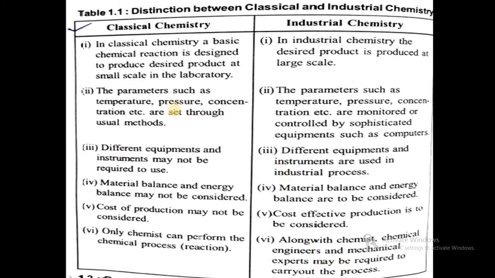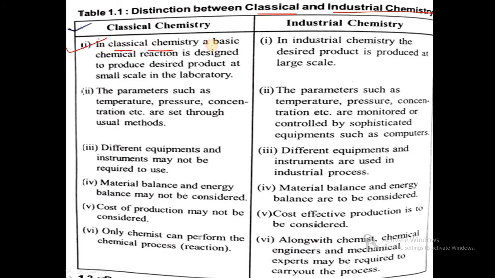Next we will see the main distinction between classical and industrial chemistry. First we highlight the basic difference between classical chemistry and industrial chemistry. So step by step we will see.